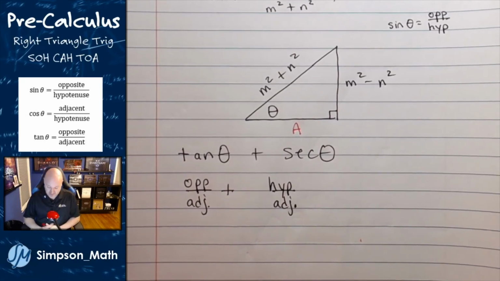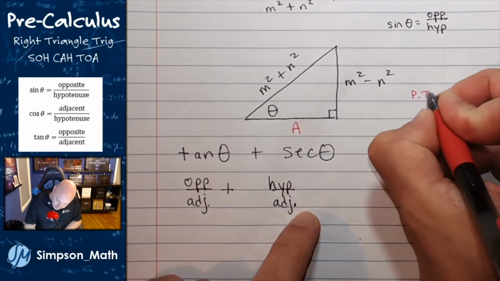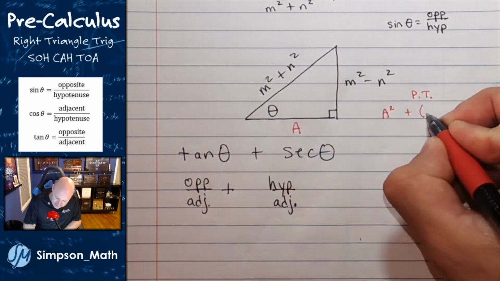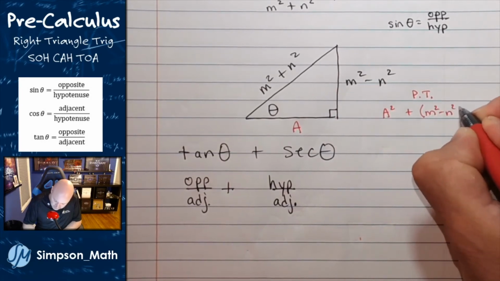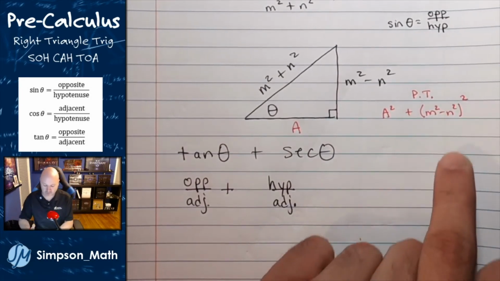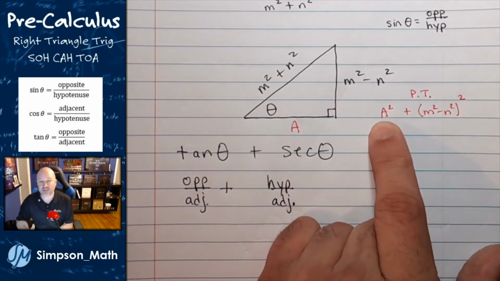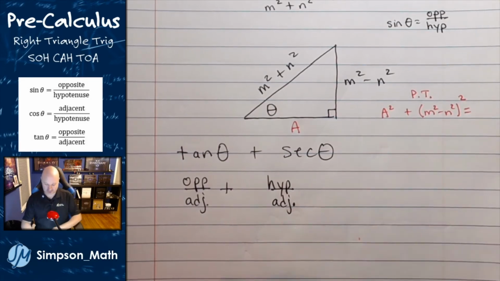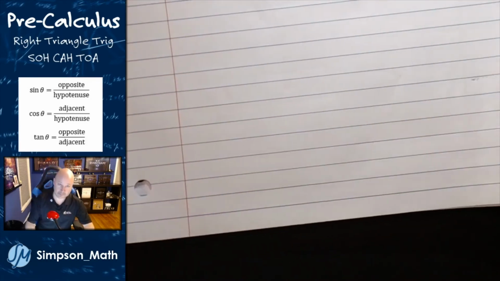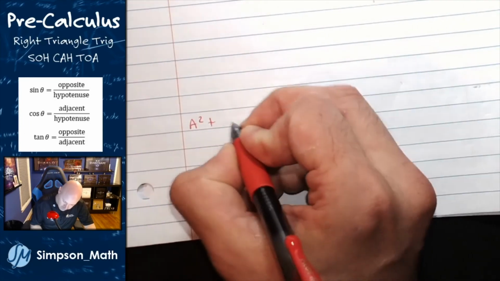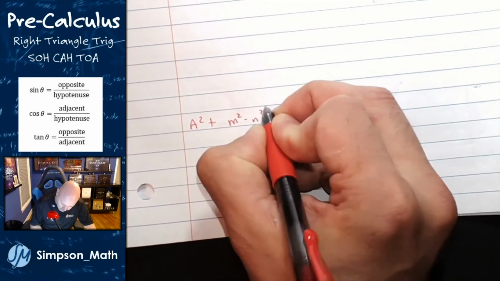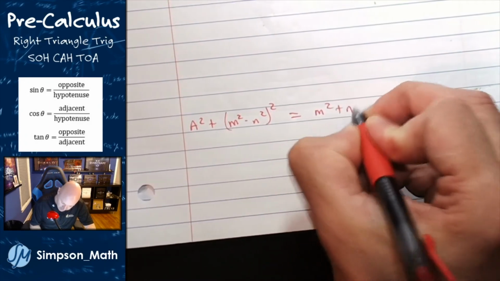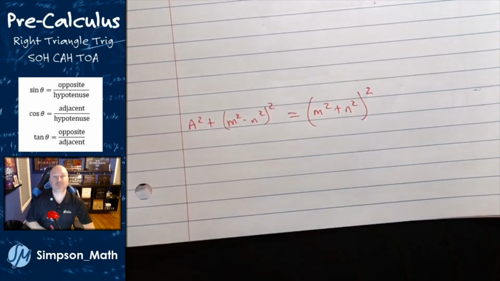The Pythagorean theorem says the side lengths squared and summed, so that's the adjacent squared plus the opposite squared will be equal to, and I'm running out of room, I should have done this down there, the hypotenuse squared.